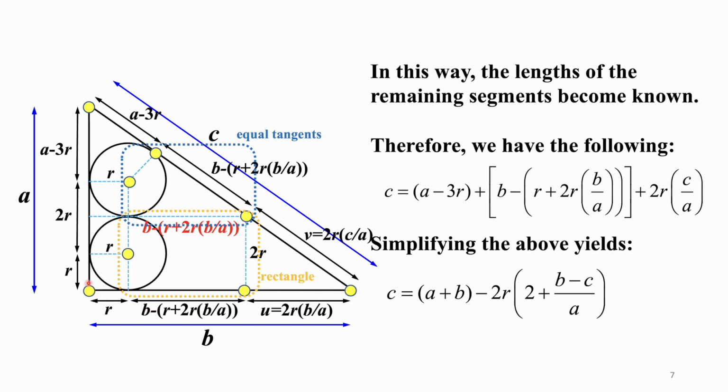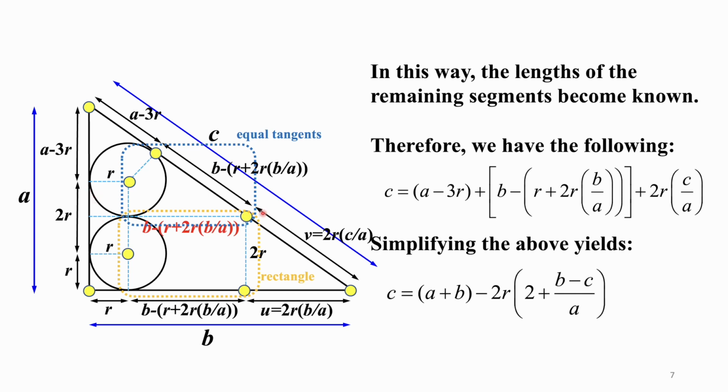Now, because we know this segment is R, this segment is U equals 2R times B over A. So this segment is B minus the sum of R and 2R times B over A. Because this is a rectangle, this side length is also B minus the sum of R and 2R times B over A. Now, the next step is, again, equal tangent.